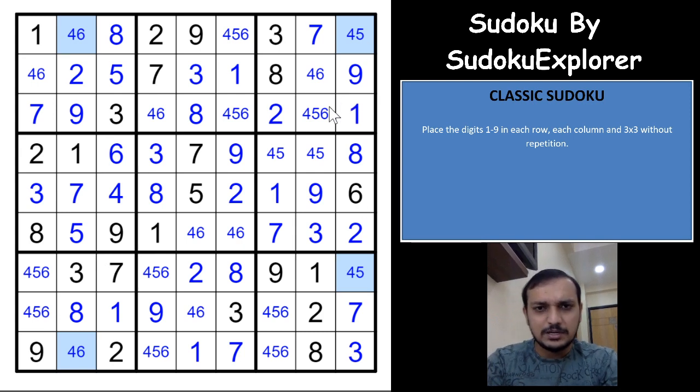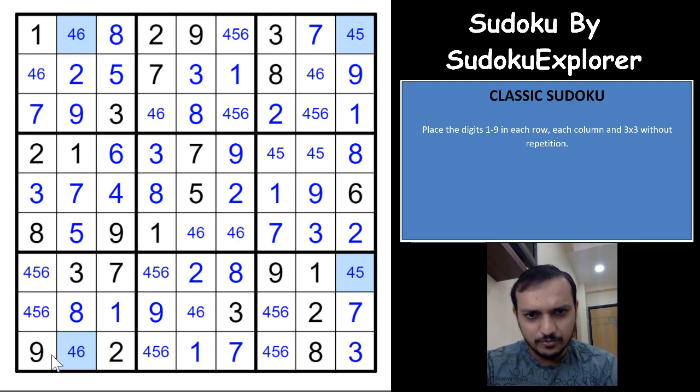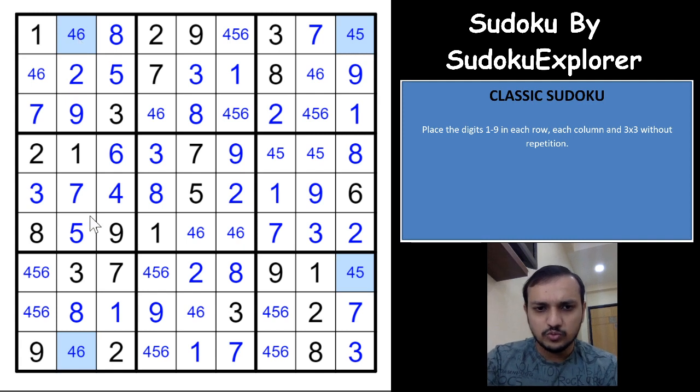But in a skyscraper technique, in both of these columns, one of these cells has to have a common row, which is this, right? So in this column 4 is in rows 1 and 9, and in this column 4 is in rows 1 and 7. So you have a common row, that is 1.